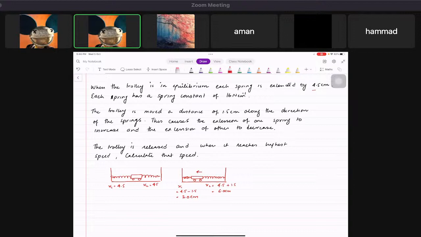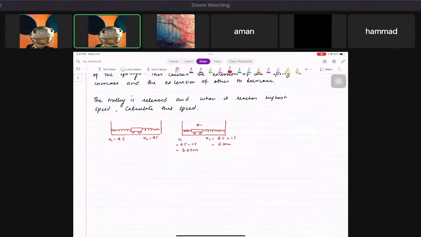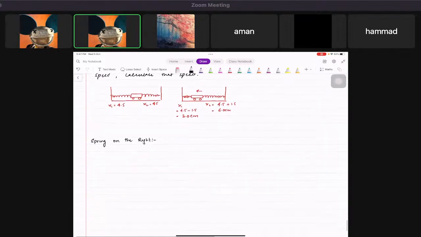Okay, now let's look at first of all the spring on the right side. The energy that it stores, we know, is equal to half times k times x2 square minus x1 square, and that's what we learned just now.